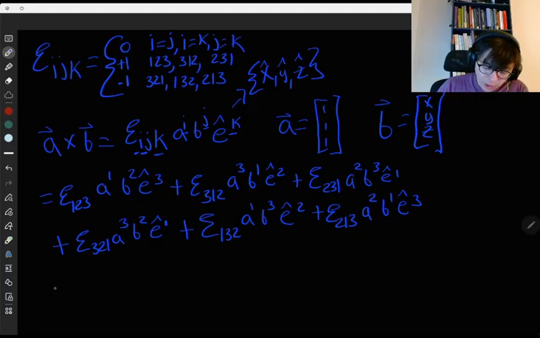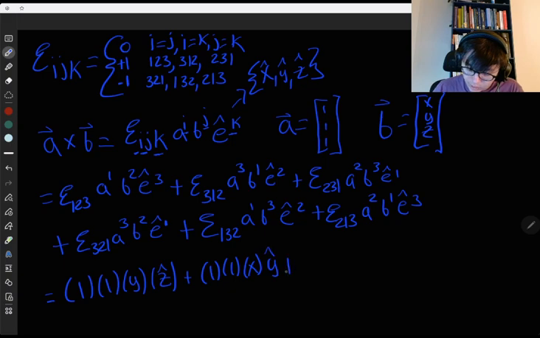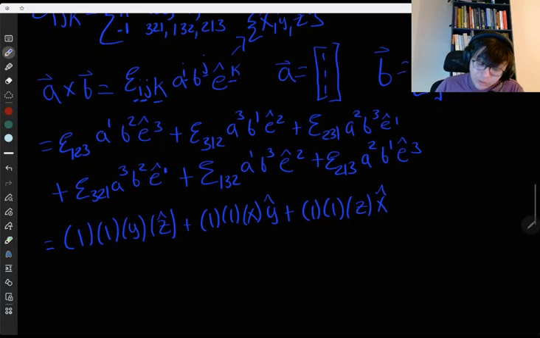So if we write everything out, we get 1, 1, y, z hat plus 1, 1, x, y hat plus 1, 1, z, x hat. Now, the ones below we get plus, but now it's a negative 1.